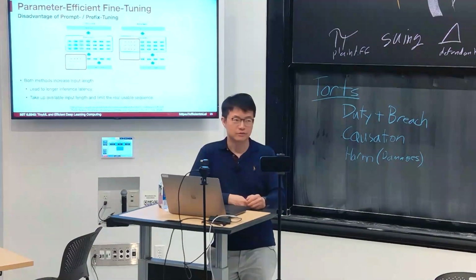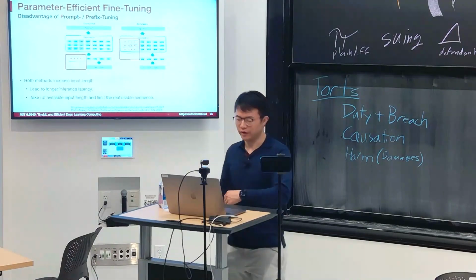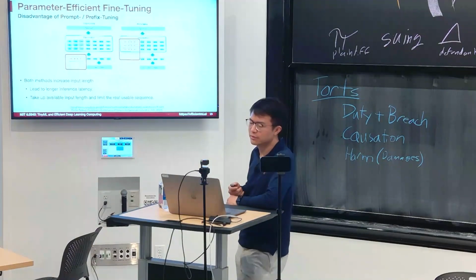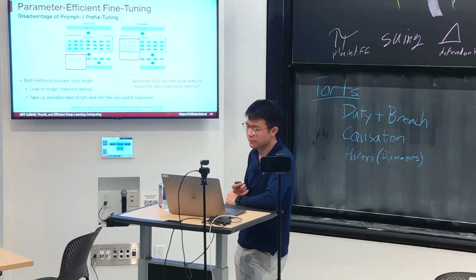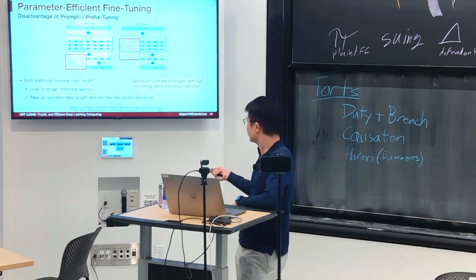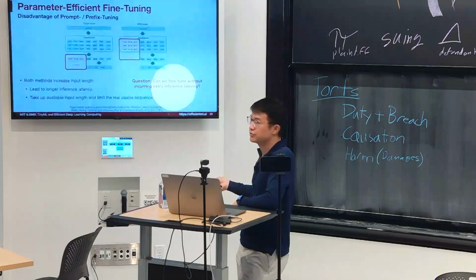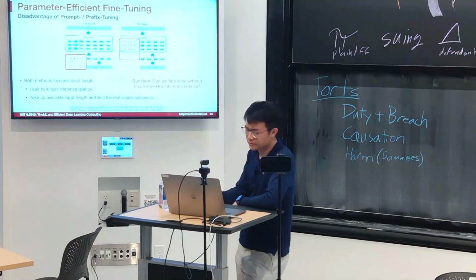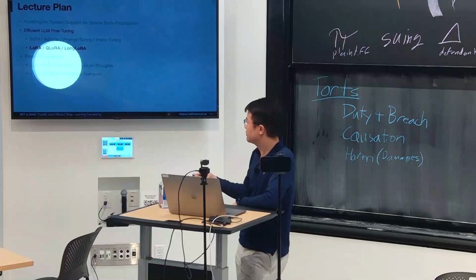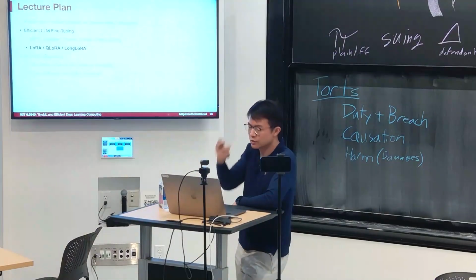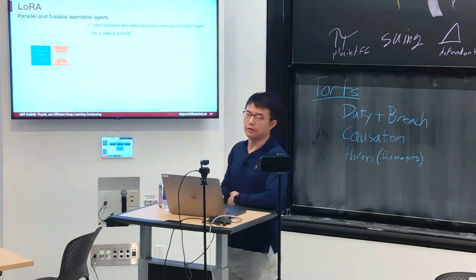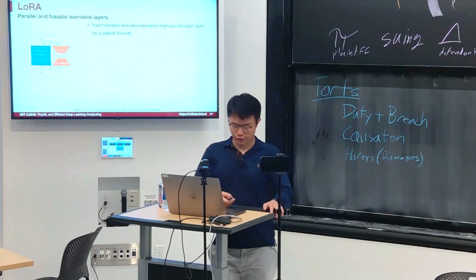The KV cache is very valuable, and the prompt takes up available input length, which will limit the actual usable input sequence length. So the natural question would be, can we fine-tune without introducing extra inference latency? So that is the LoRA family. Let's see how we use the LoRA family to fine-tune without introducing extra latency.